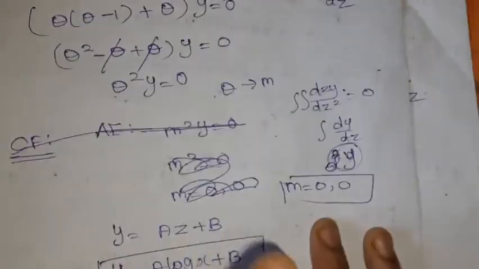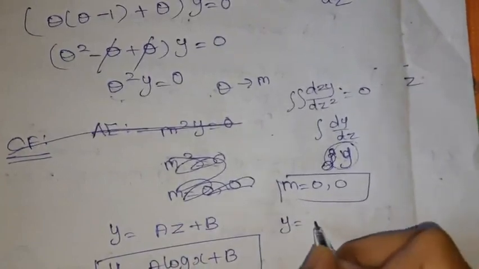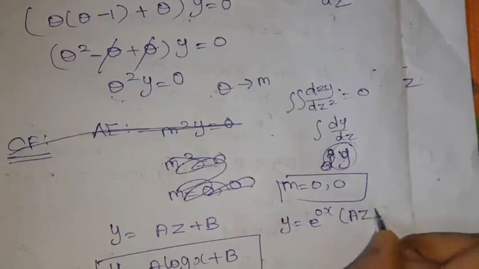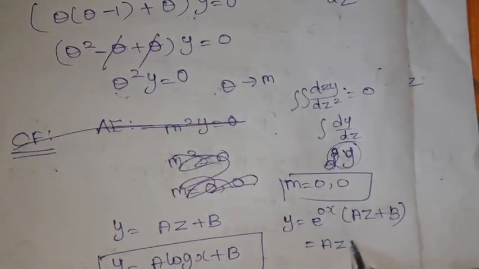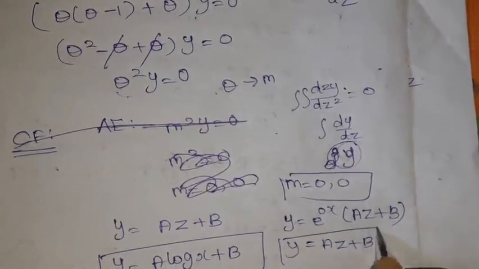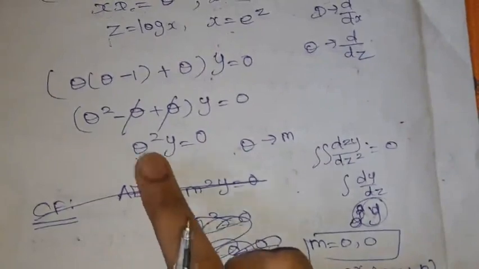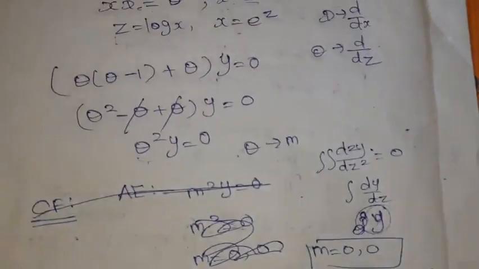So we are going to find the complementary function. So m equal to 0, 0. Its roots are real and equal. So e power 0x into (az plus b) is the complementary function and the solution as well. e power 0x is nothing but 1 only. So y equal to az plus b. In place of z substitute log x.